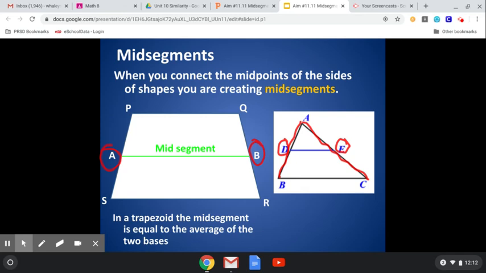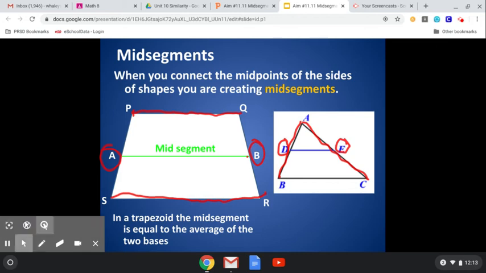In a trapezoid, the mid-segment is equal to the average of the two bases. What do you mean by that? Well, what that means is the length of the mid-segment is equal to the length of PQ plus the length of SR divided by 2. So the average length of the bases is equal to the length of the mid-segment.